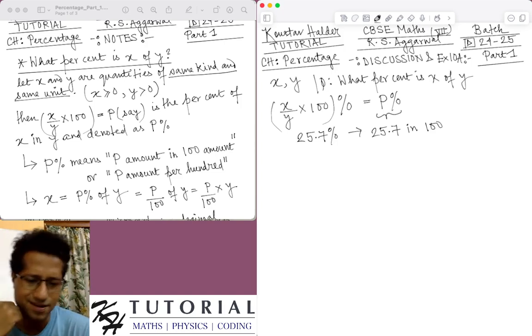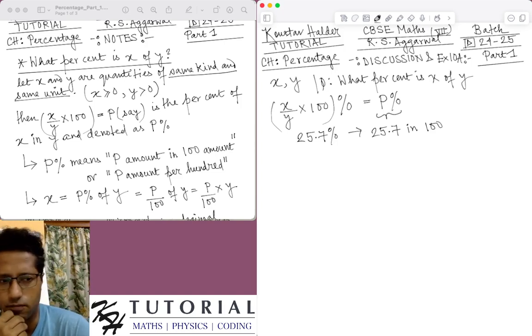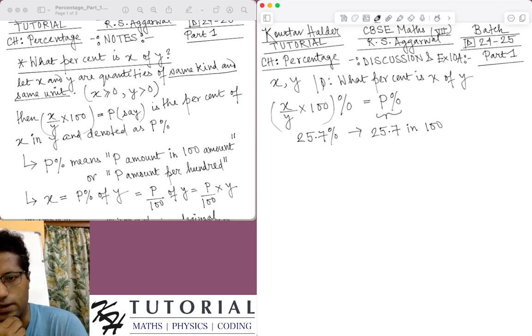Now, what exactly is a percentage? The percentage gives a measure of how much a quantity is with reference to another quantity. With reference to another quantity, here is y, and how much is some quantity, that is x. So, how much is x compared to y?